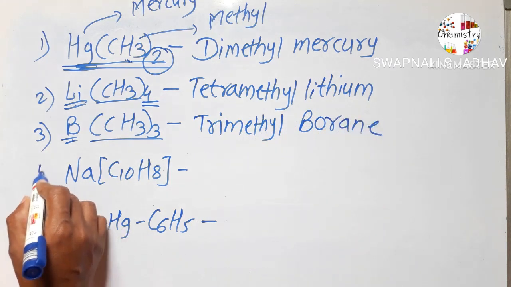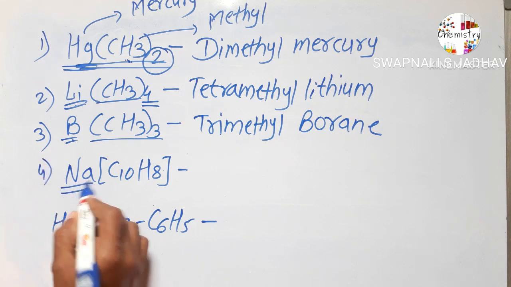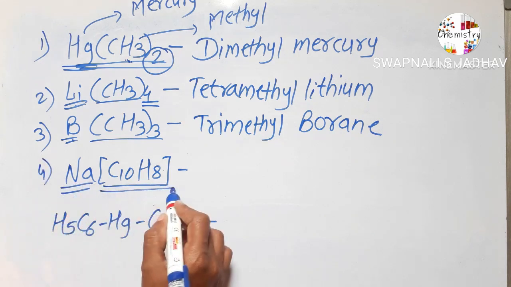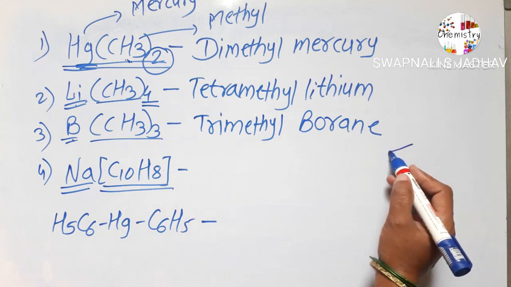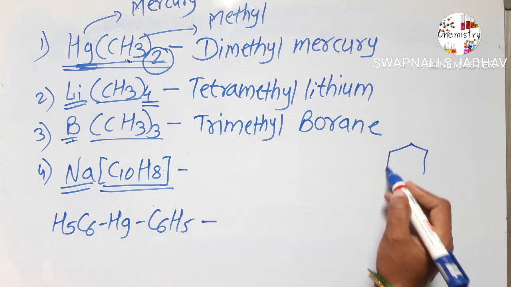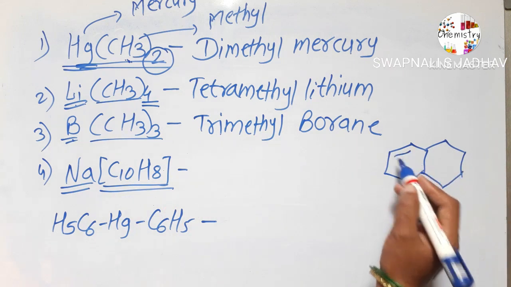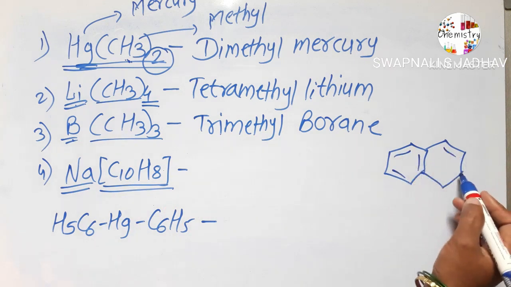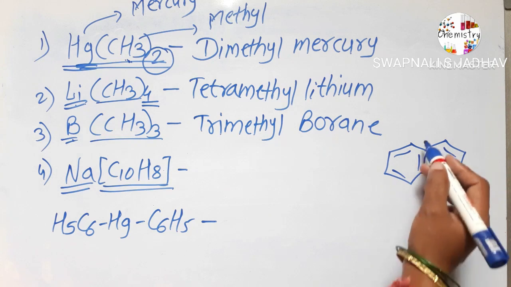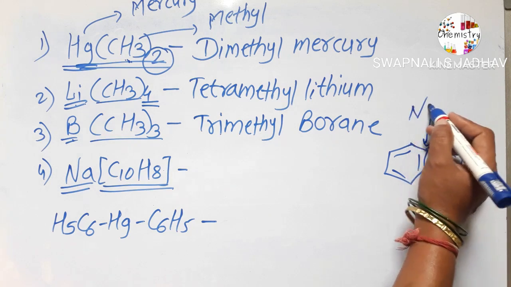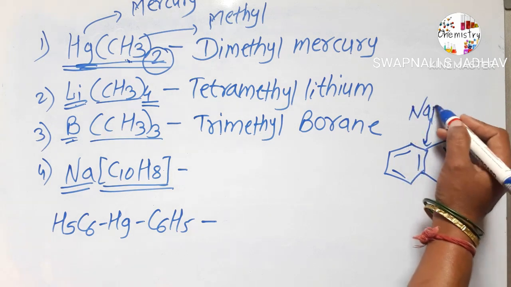Here which elements are present? That is sodium and the C10H8 group. C10H8 means which organic moiety is present? That is naphthalene.